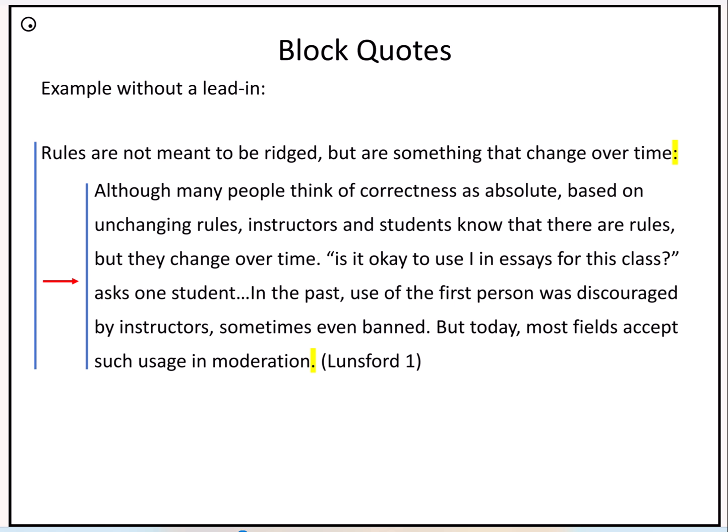So what we're seeing here is, yes, we have our colon, and then we have our indent, and then you have your period there. But now we've added the name of the author, Lunsford, in the parenthetical citation with a space, and then your page number.